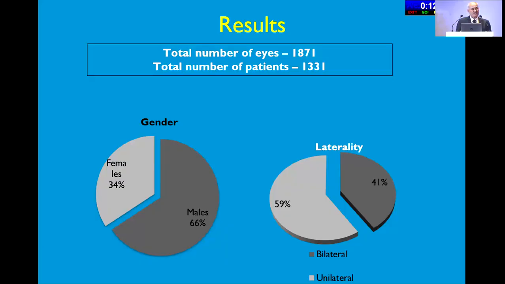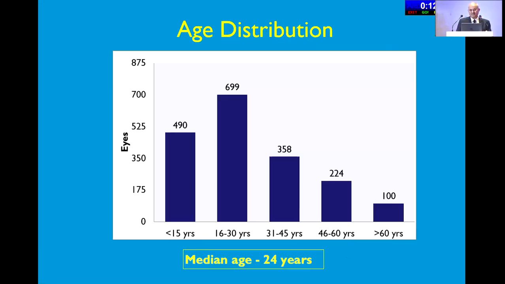The majority, about 70%, are male, and mostly both eyes are equally affected. Unilateral versus bilateral is 60 to 40, unilateral being more. The median age shows it affects young adults in their 20s and 30s.